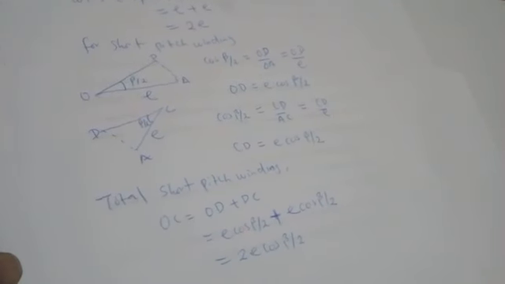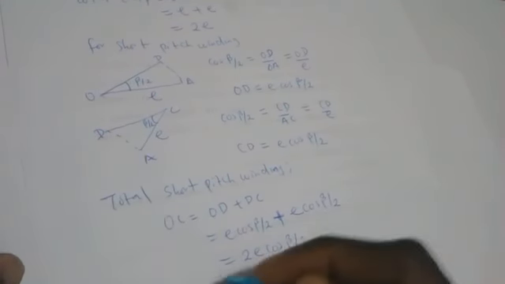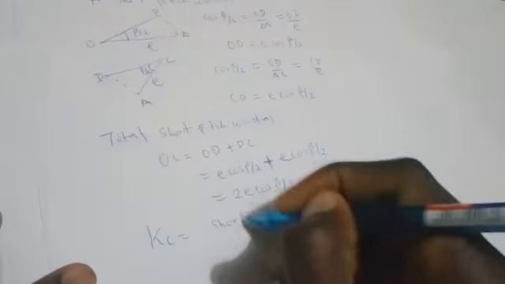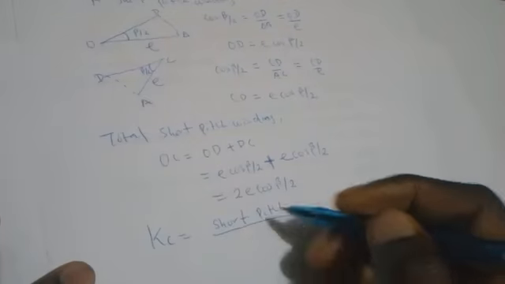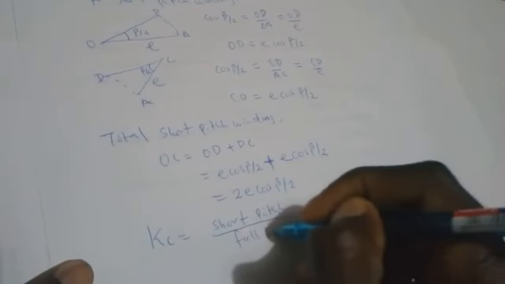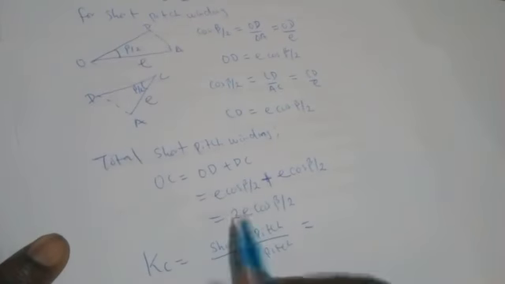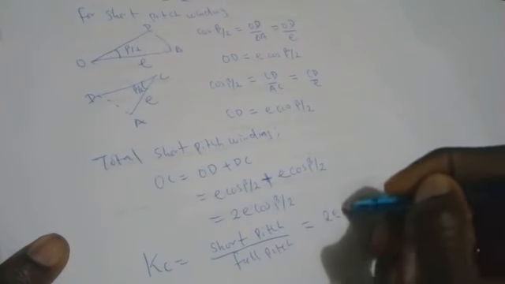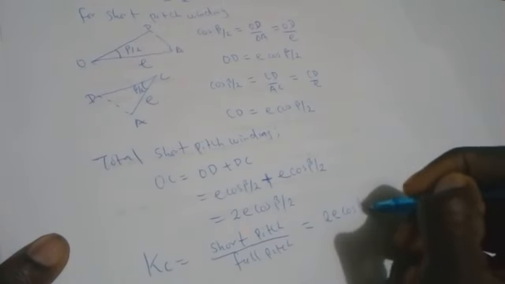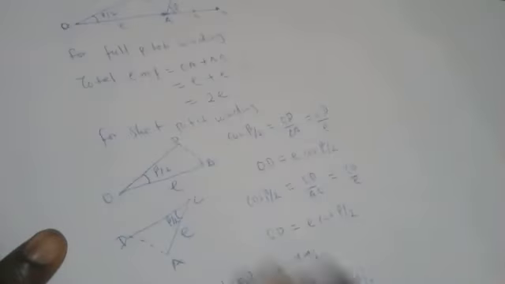Now, what is the coil span factor? Our Kc is always your short pitch winding over the full pitch winding. And that is, our total short pitch winding is 2E cos beta over 2, over the full pitch winding.